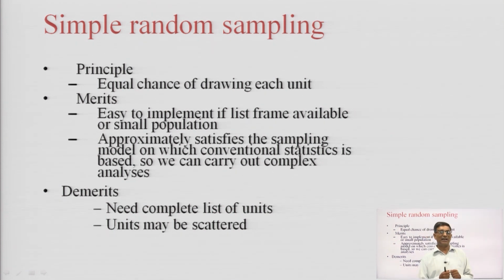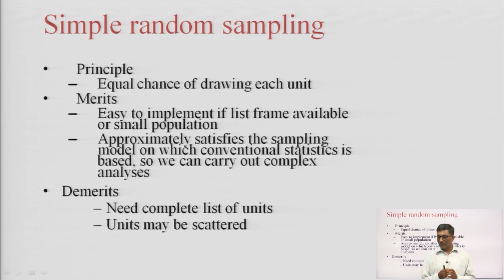In this sampling, we select the sample with the help of random number tables. In this we first prepare a list of the population, and with the help of a random number table we select our sample. The merit of this sampling is it is easy to implement if a list frame is available or the population is small.